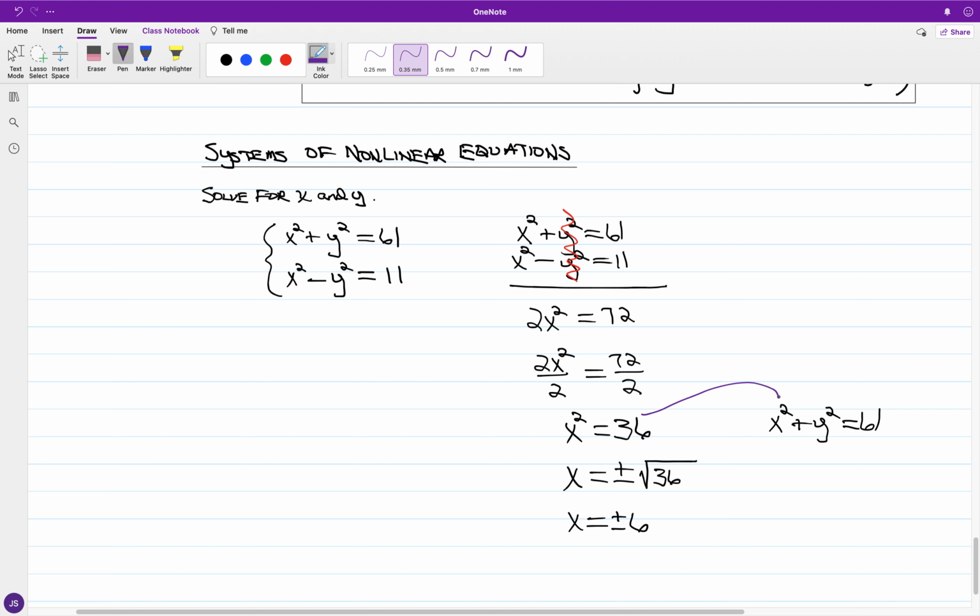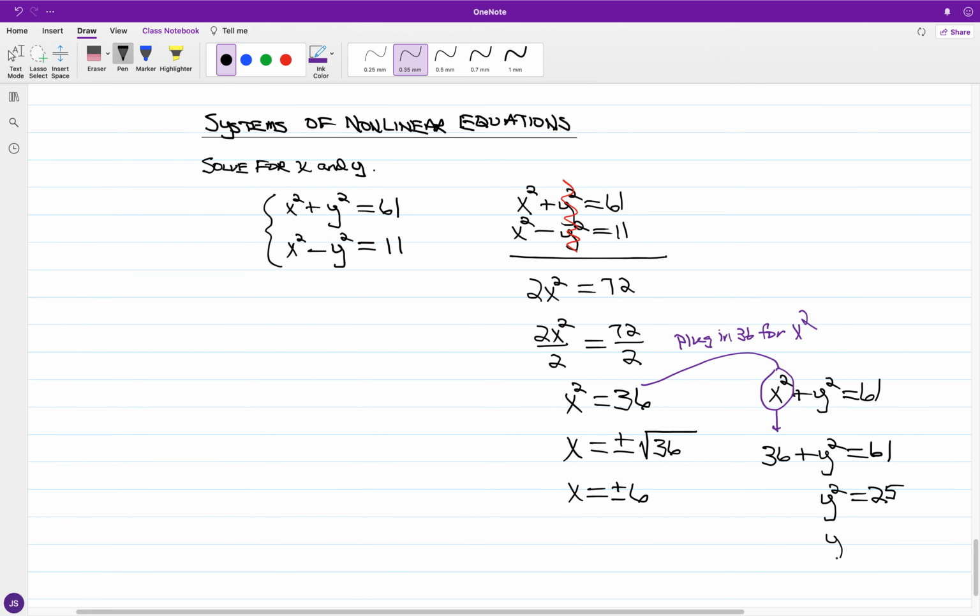And by this, I'm going to plug in 36 for all of x squared, and so we have 36 plus y squared is equal to 61. And now if I take the difference between 61 and 36, I'm going to have that y squared is equal to 25.